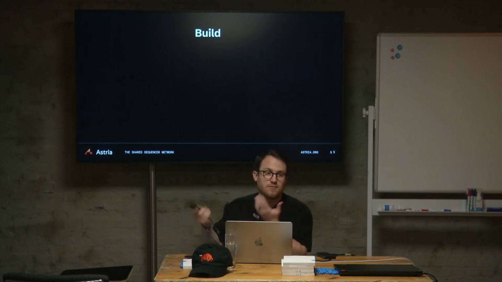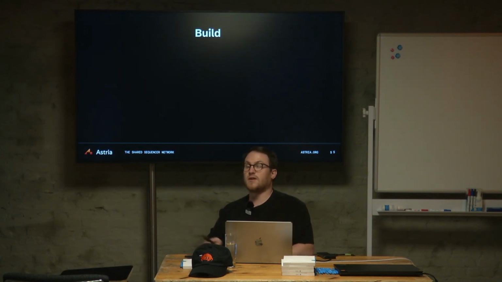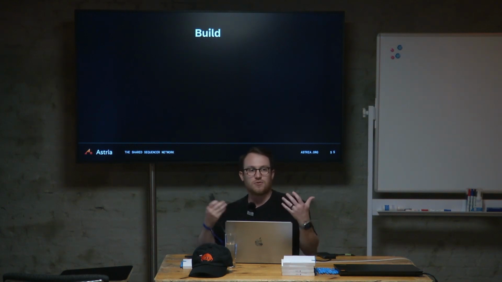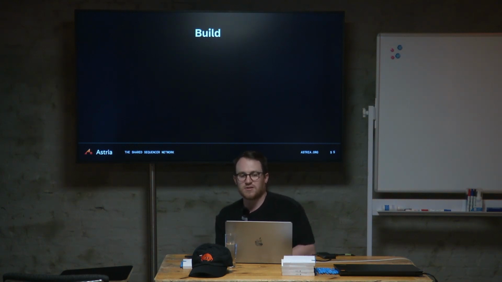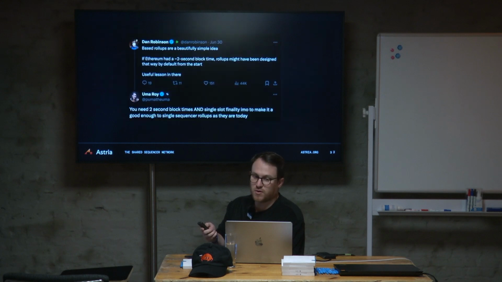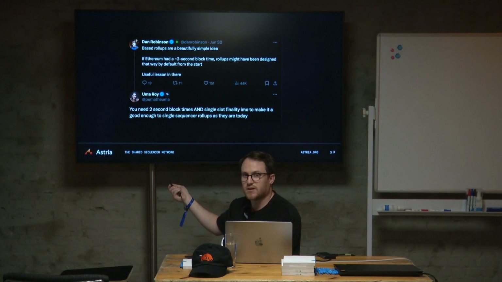So you've decided you're an app developer and you've decided, okay, I want to build something here. The question is, can we go through the SDLC of this? What am I actually doing to build it? If we go back to this point, one of the issues is why you want single slot finality and 2-second block times.